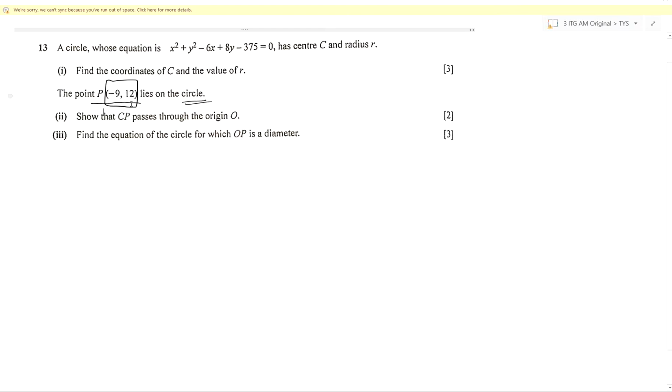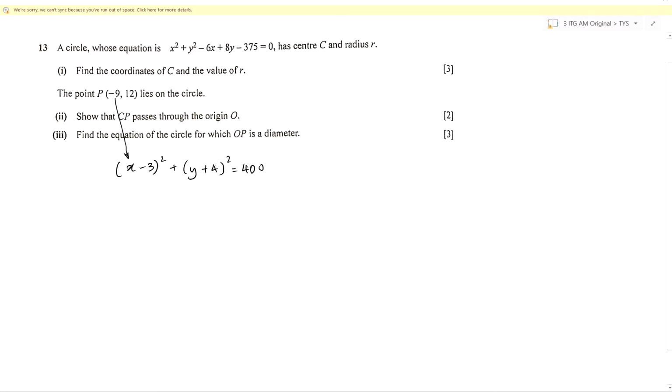So let us go ahead and do that. We earlier found that the equation can be written as x minus 3 square plus y plus 4 square equals to 400. Okay, so we can substitute this x value here.